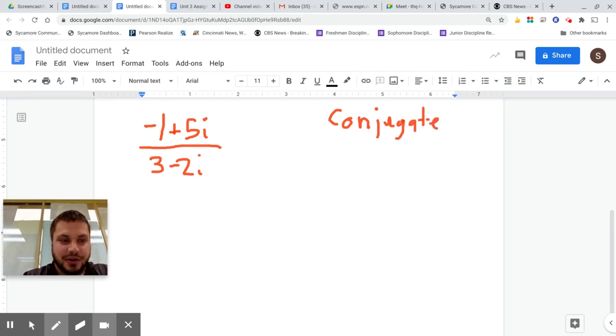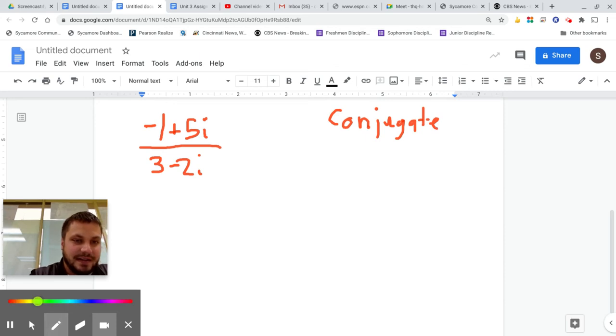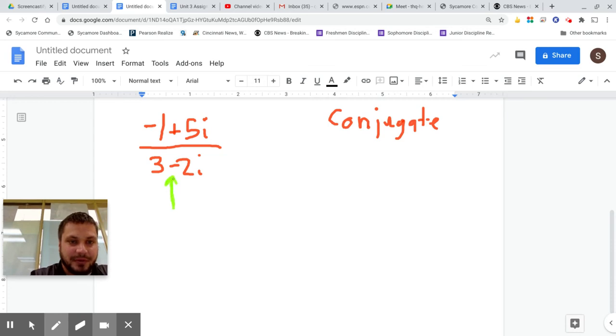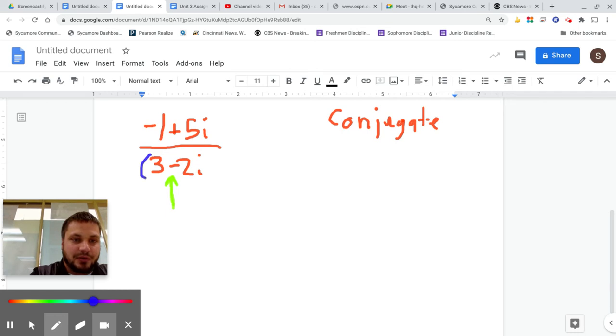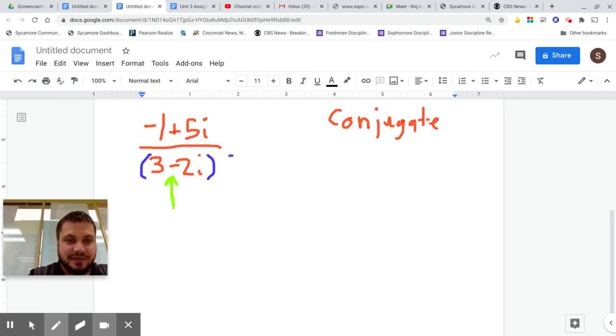The conjugate means all you do is change the plus or minus sign in the middle. It doesn't matter what anything else is. To get rid of these i's on the bottom, you multiply by its conjugate, which the conjugate of 3 minus 2i is 3 plus 2i, on top and bottom.